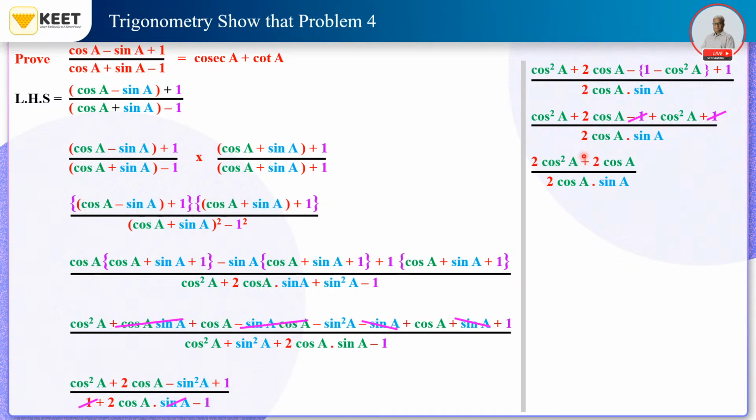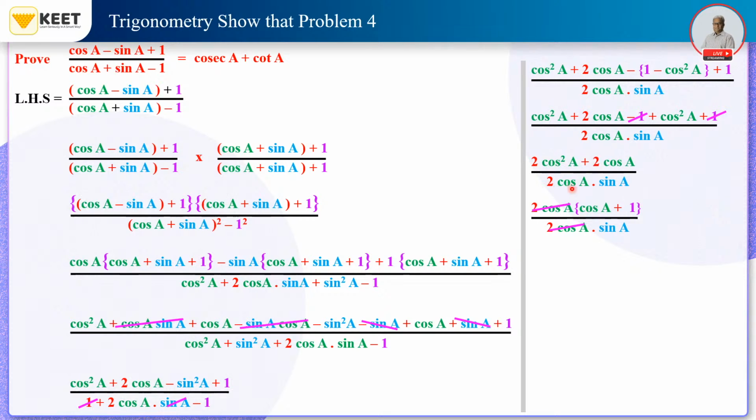So keeping this plus sign, on either side you have 2 and 2. Here we have cos square A and here we have cos A. So here we can take 2 cos A common. So when that is worked out as common, here we will get 2 cos A. What remains here is just single cos A, and on the right hand side of the plus sign we have 1. So nothing is remaining, therefore 1 is written.